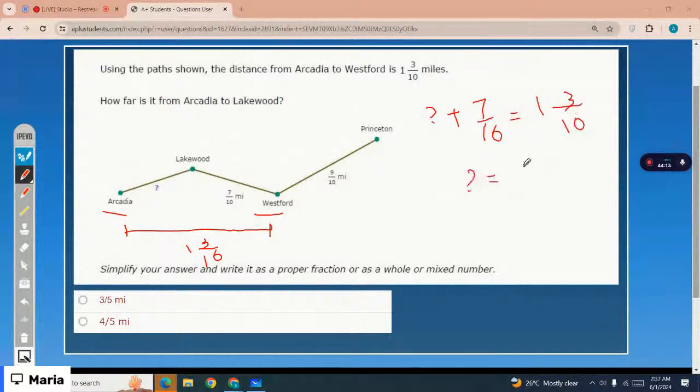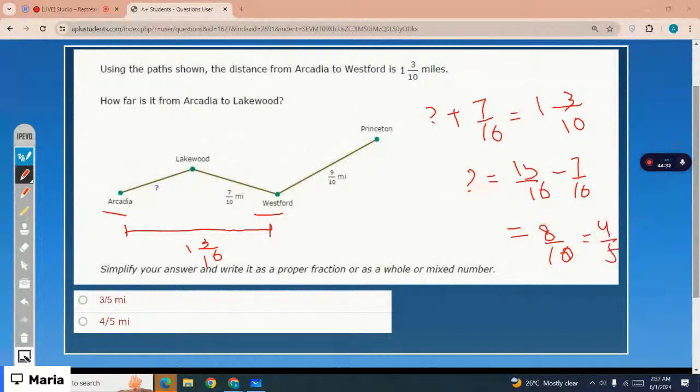So you have to subtract other side. 10 times 1, 13 over 10 minus 7 over 10, that is 6 over 10, and you can write it in the lowest fraction, so is 3 over 5.